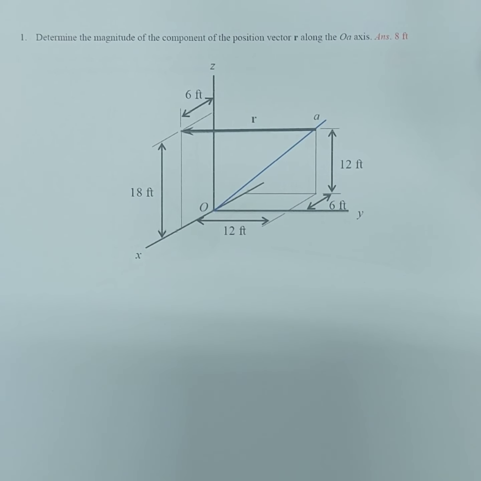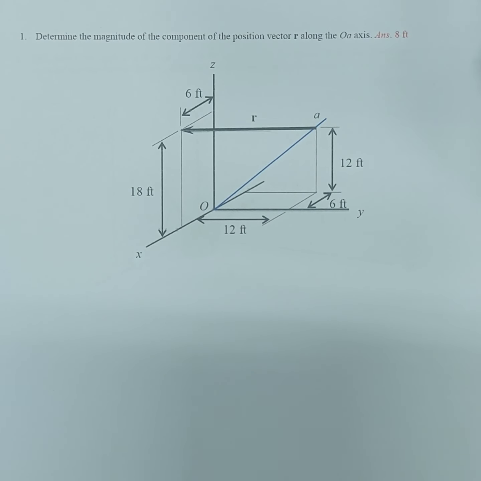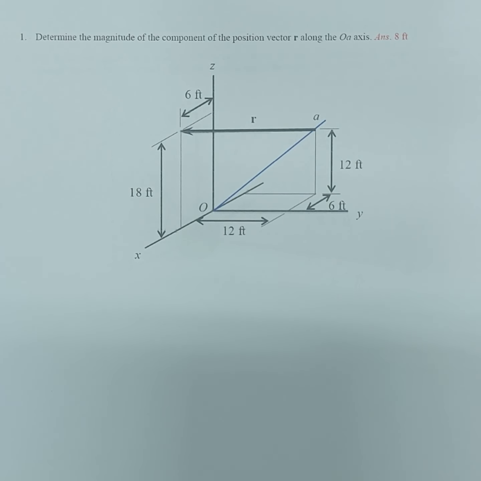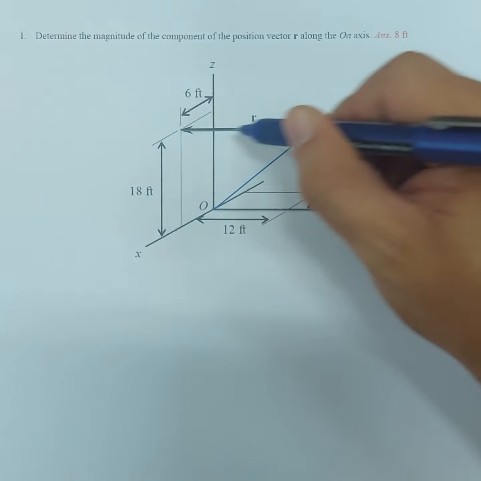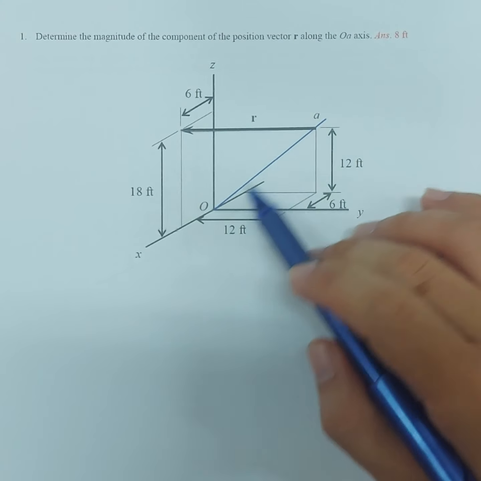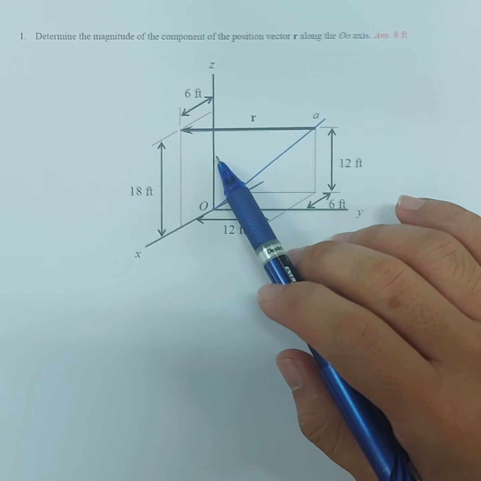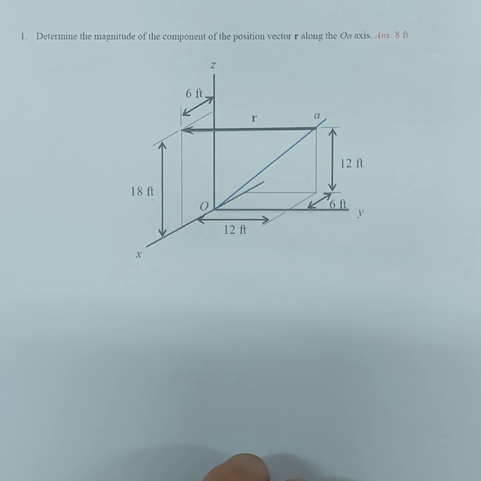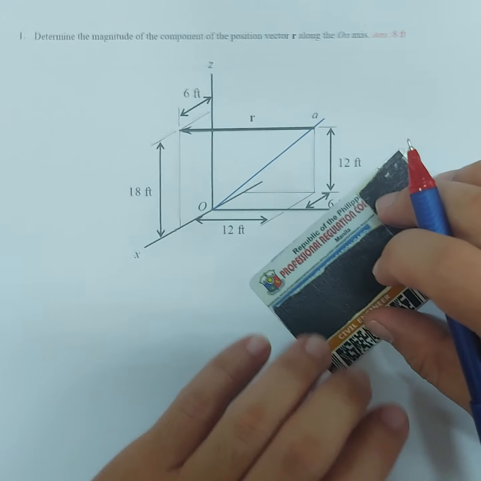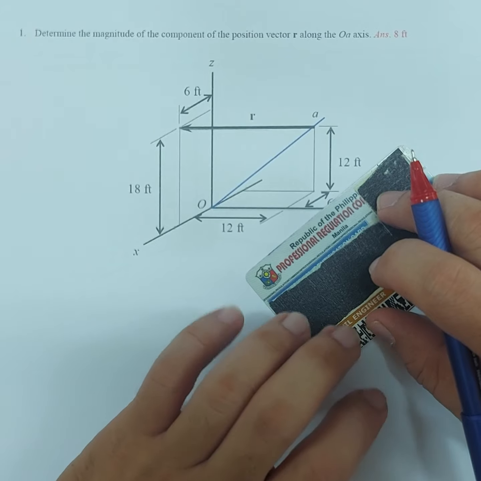Number 1: determine the magnitude of the component of the position vector R along the OA axis. This is the position vector R and this is the OA axis. What is its component along this particular axis?